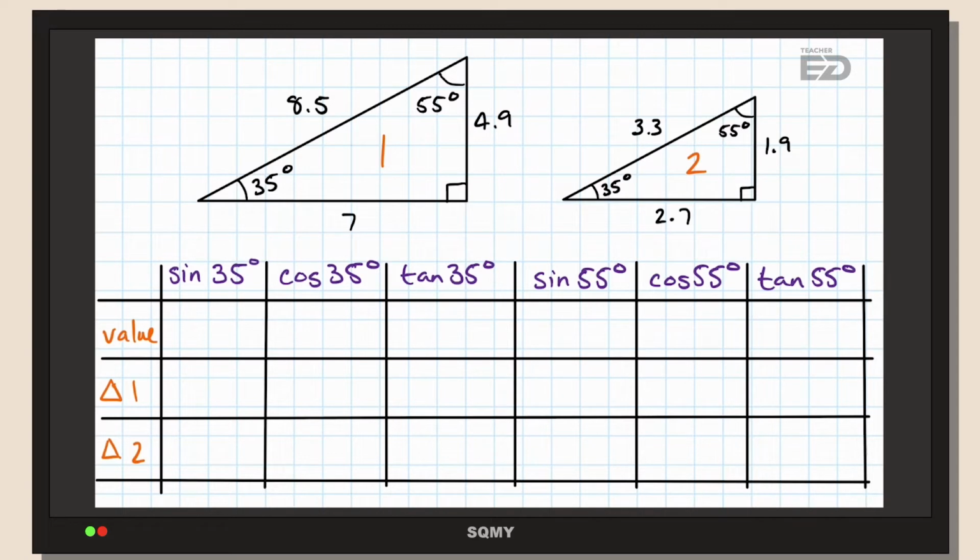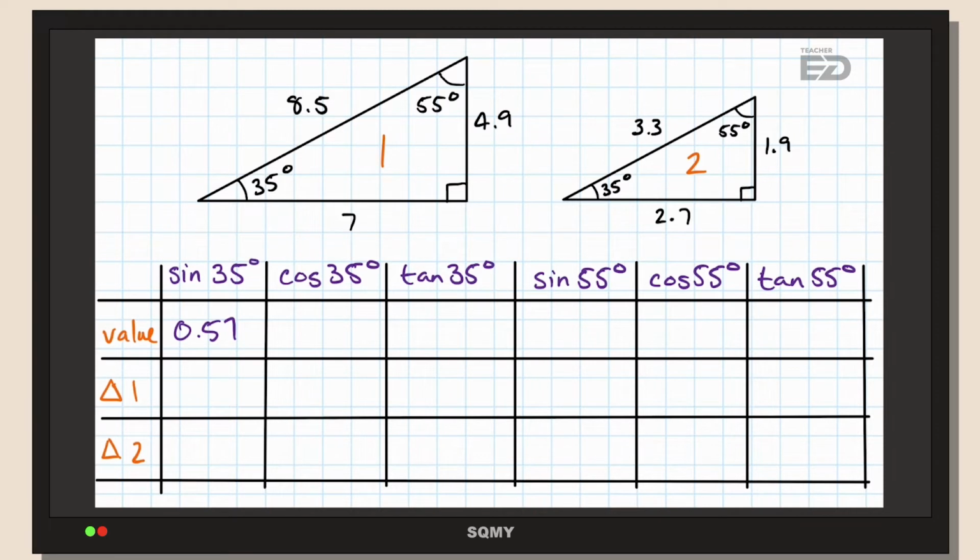So first, let's start off with sine 35. Let's find the value using a calculator. If you take your calculator and push sine 35 equals, you should get a value of about 0.57. Now let's look at triangle 1 and find the ratio of sine 35.